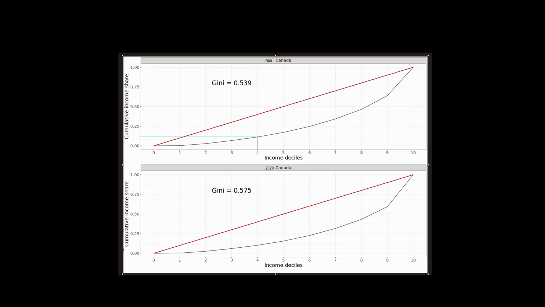So not great. 40% of Canadians only accounting for 12% of the national income. Let's make that a little bit darker. There we go, somewhere around there.